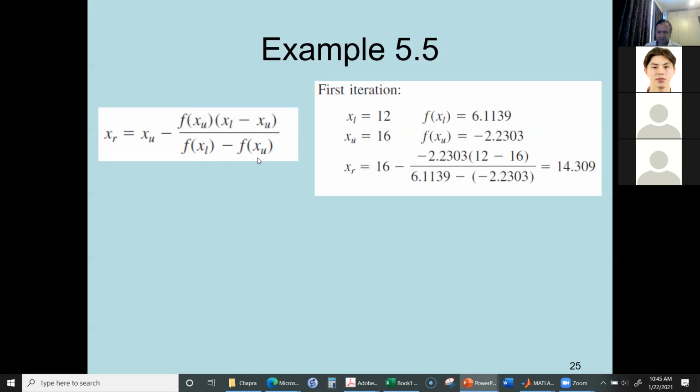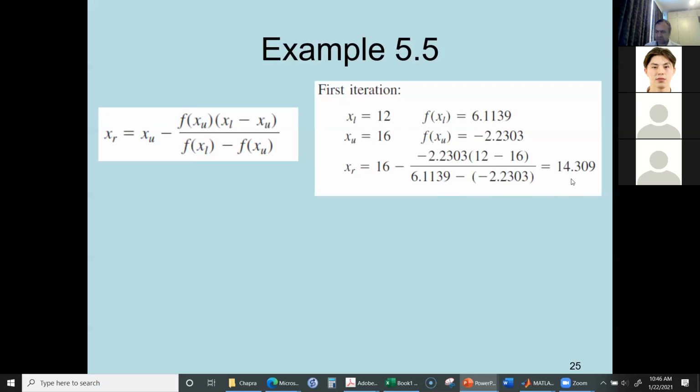By applying this formula, we have xl equal to 12, xu equal to 16, f of xl equal to 6.113, and f of xu equal to minus 2.23. So you can try to memorize it. 16 is the upper bound value minus the upper bound function value, times the lower bound x value minus the upper bound x value, divided by the lower bound function value minus the upper bound function value.